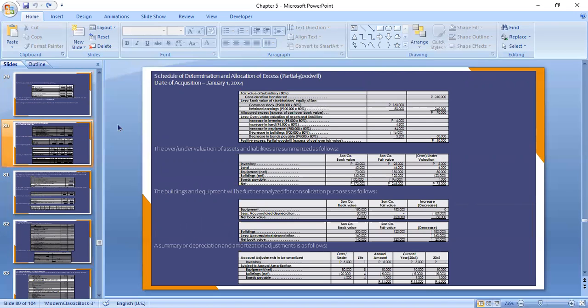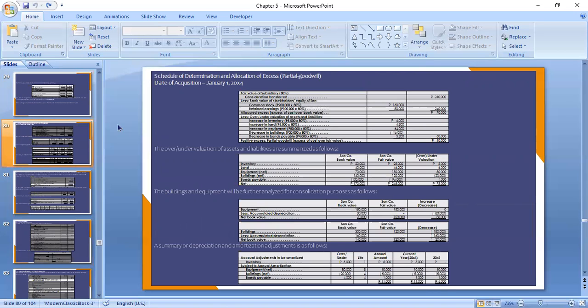So we have now a positive excess under the partial goodwill approach of 10,000. Then we have the book value and the fair value of the assets of Sun.